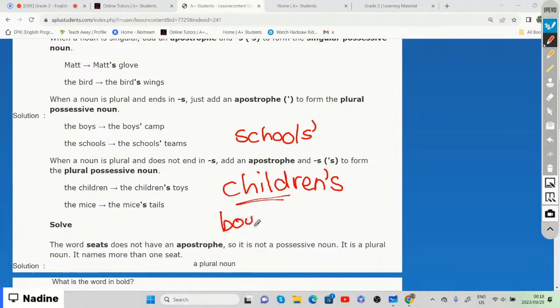If it had to end in an S, for example, boys' toys, boys' cars, boys' camp, then only we add the apostrophe at the end, and that shows the possession, right? And remember, if you don't add the apostrophe, then it's just like you stating that it's a plural, not a plural possessive noun.